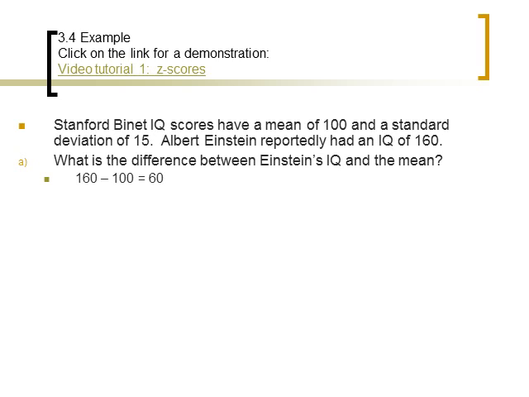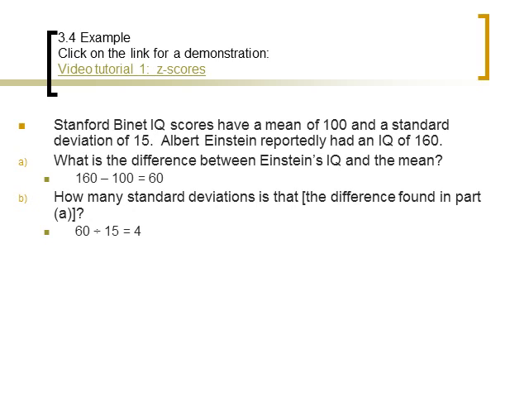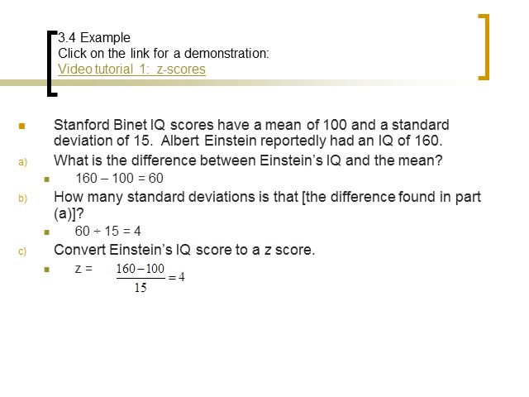In math, the difference means subtract them. So we're going to take his IQ of 160 and subtract the mean IQ of 100, and we get 60 points different. How many standard deviations is that? We take 60 and divide by the standard deviation 15 to figure out how many standard deviations go into that, and we get 4.